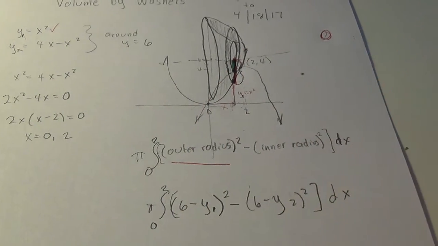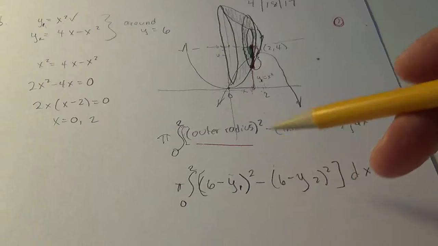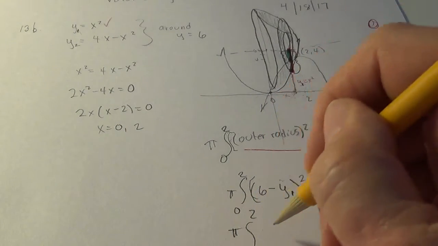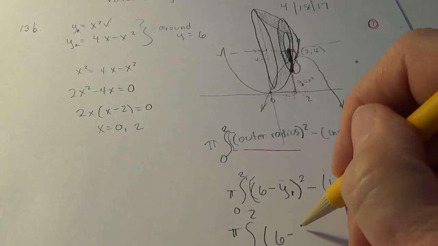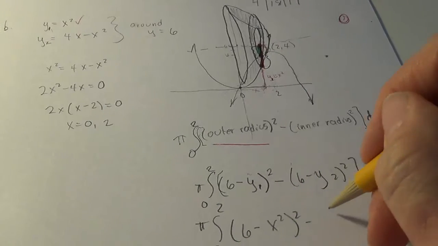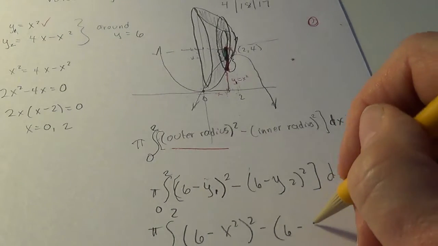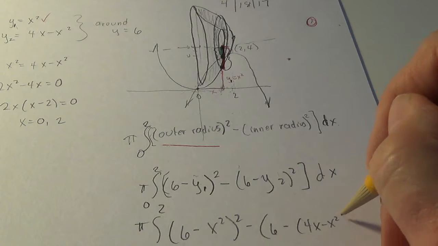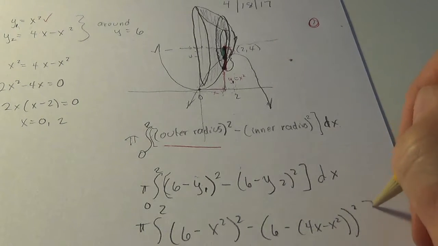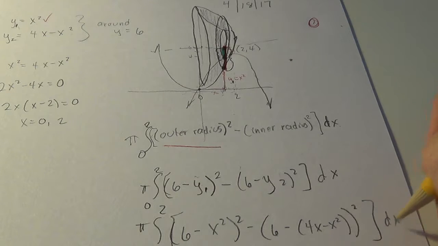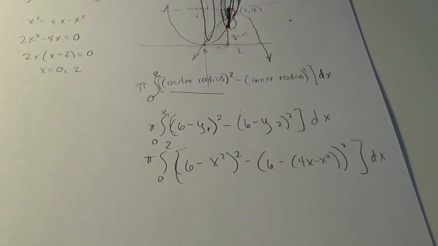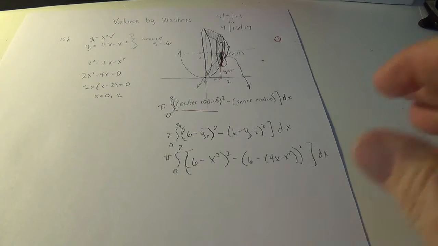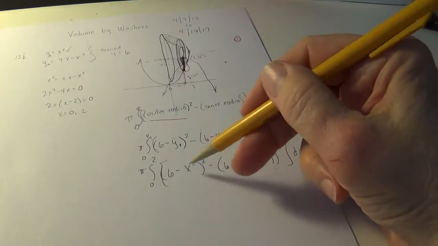And again, these are dx. Since we're working in dx, we've got to switch our y's to x's. So y1 was x squared, and y2 was, what was it, 4x minus x squared. Alright, so a little slop never hurt anybody. Before I would stop and put that in my calculator, I would simplify this whole thing.